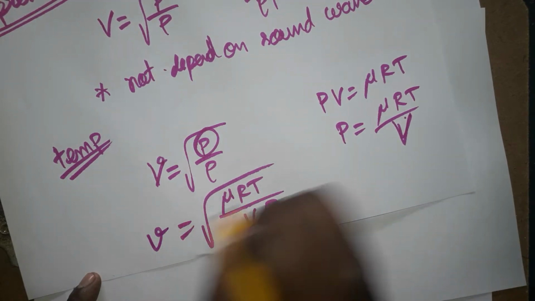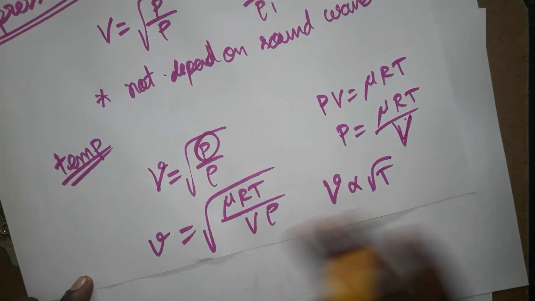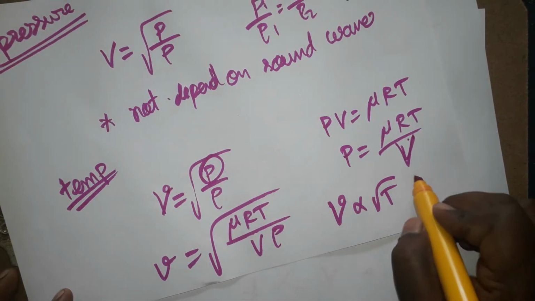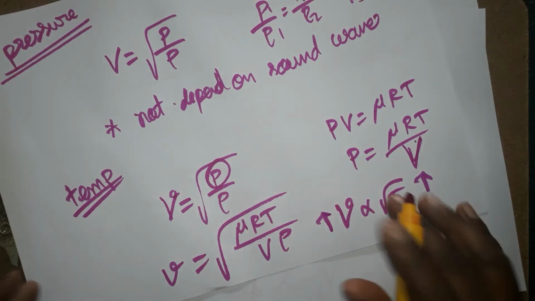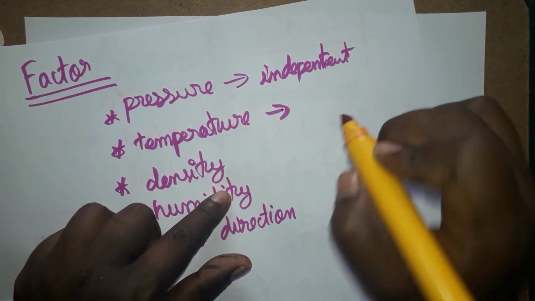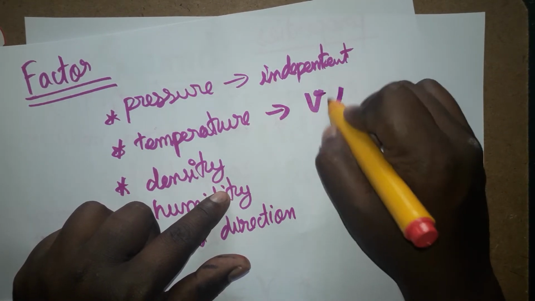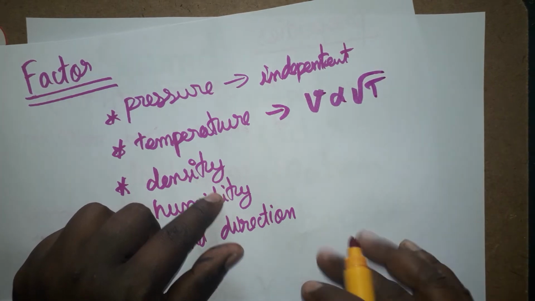So the velocity of the sound wave is directly proportional to the square root of temperature. More temperature gives more velocity, less temperature gives less velocity.